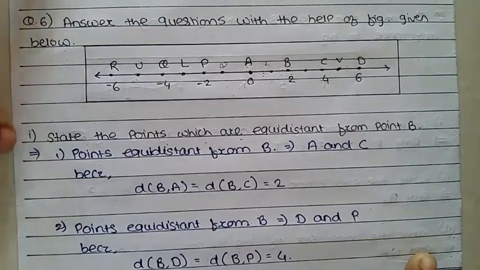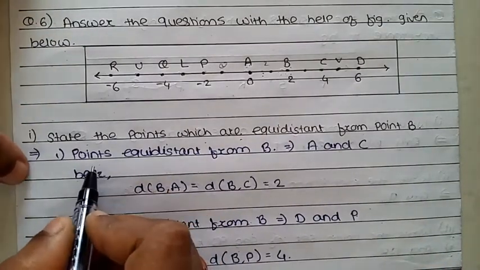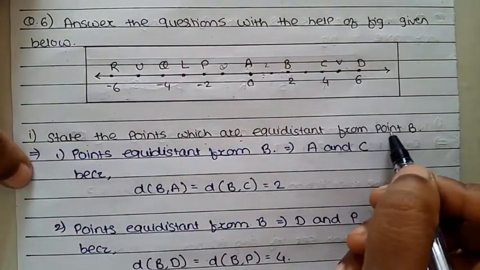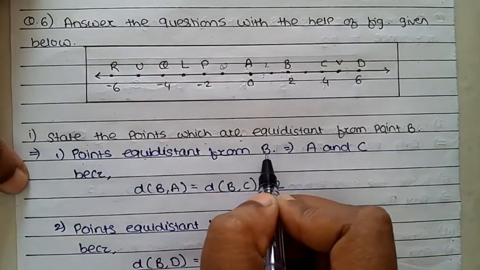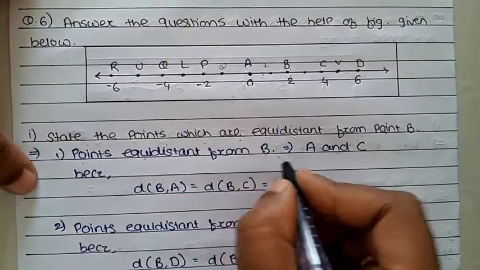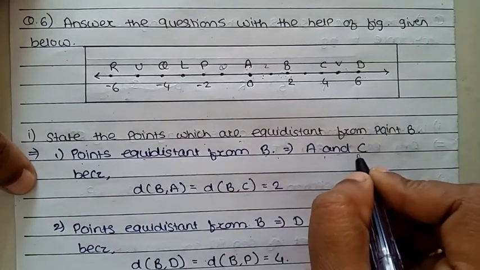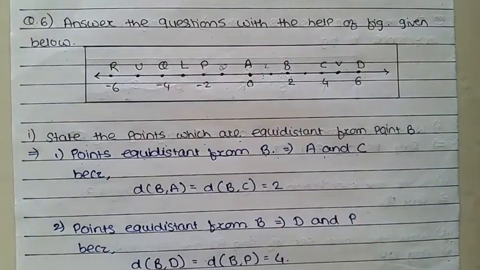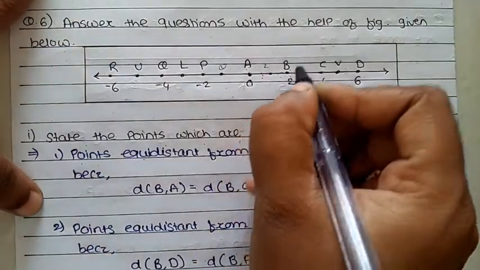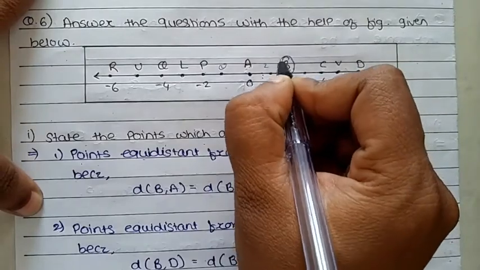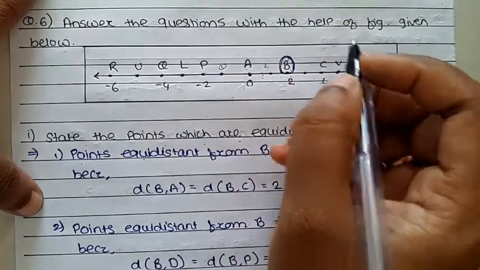Okay. So we have to find out the points equidistant from B. That is A and C. Listen, according to point B, we have to calculate the equidistant points.